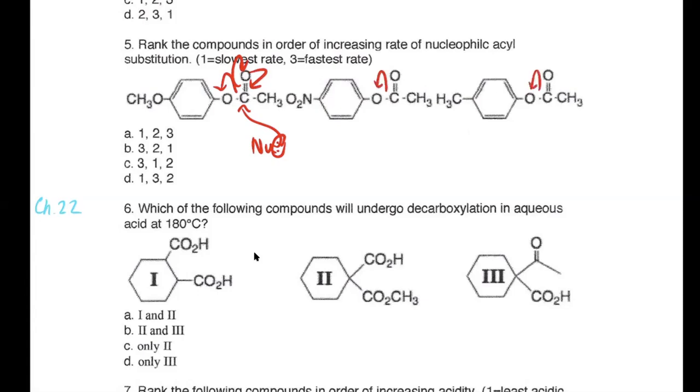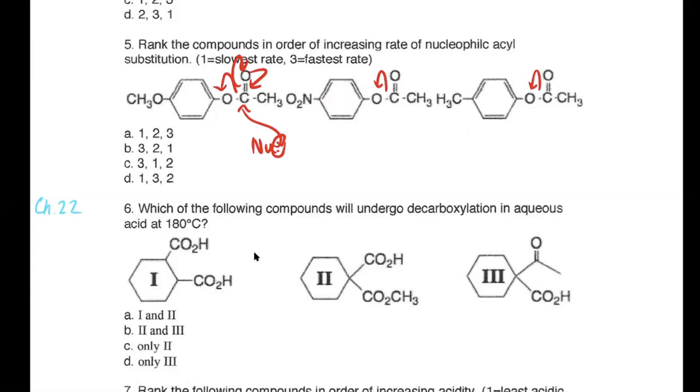So when you're trying to consider which of the following is going to react the fastest, or be the most reactive, rather, you want to compare their leaving groups in terms of their stability. The one that has the most stable leaving group means that the original carbonyl was more reactive, because when its leaving group leaves, it's more stable, so that reaction is more likely to happen.